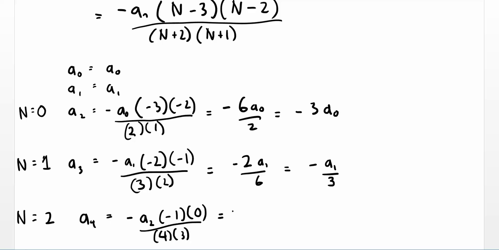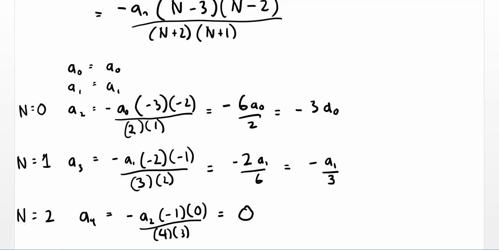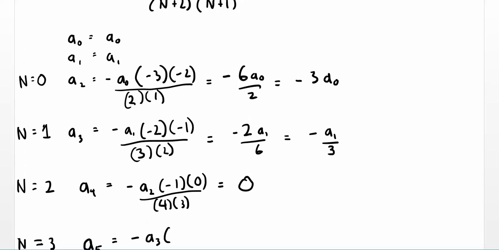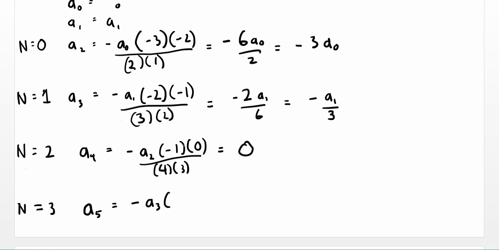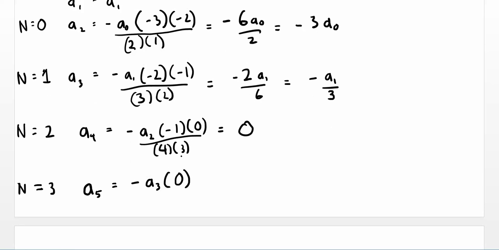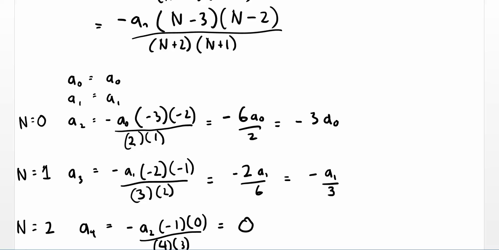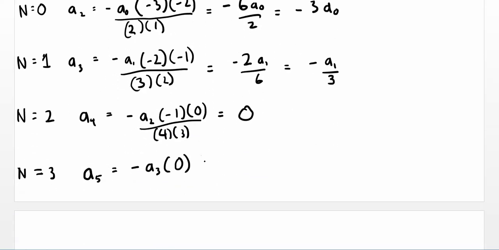Obviously this is just 0. That's kind of nice. N equals 3. A sub 5 is equal to negative a sub 3 times 0 again. So we plug capital N equals 3 in here, we get 0, and then everything else doesn't matter because we just have 0. So this is 0.